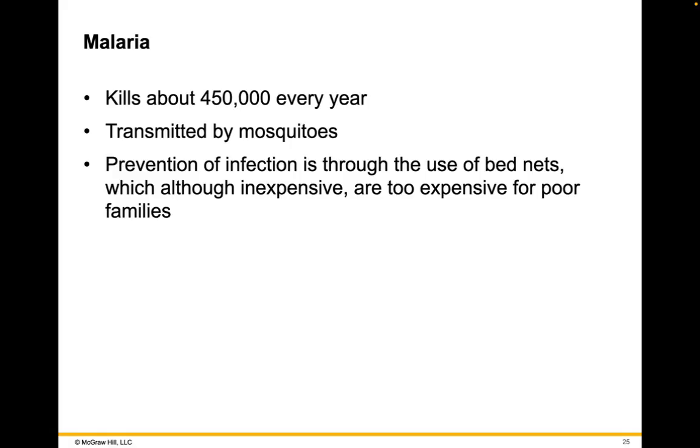Super interesting. The prevention of infection that right now they're doing to prevent malaria being spread, the most common one is bed nets. So literally a physical barrier. It's pretty inexpensive, it's easy to ship, and we can send those to the people in malaria infectious countries.